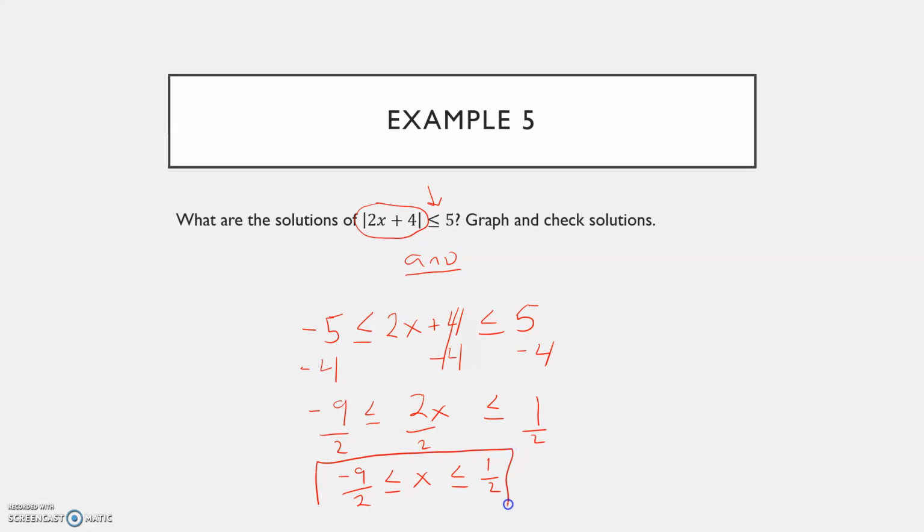There's our solution when we solve this by breaking it into two, one with a positive and one with a negative solution. And then for our graph, we just need to make sure that both are included. So it needs to go at least from negative 5 up through 1.